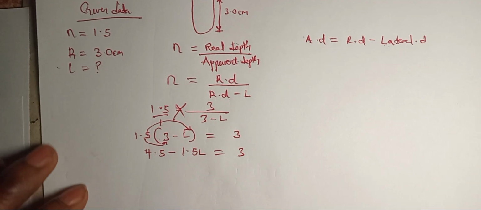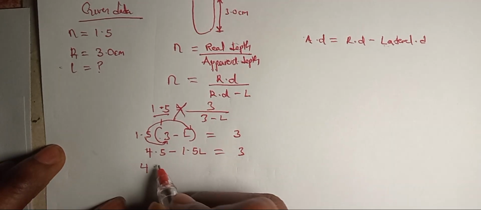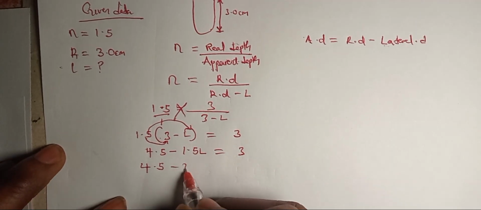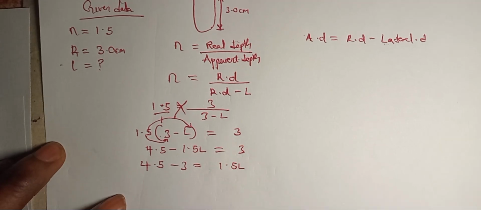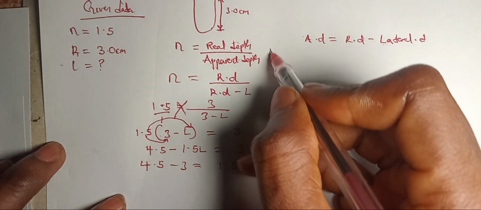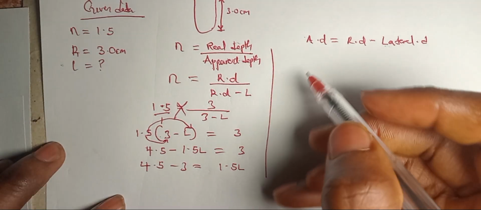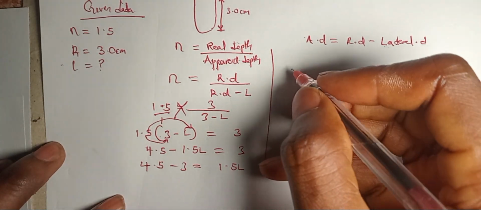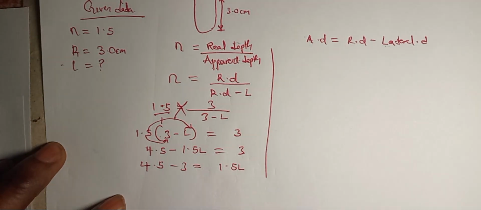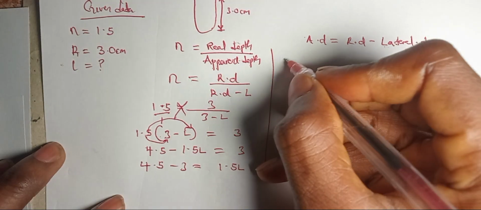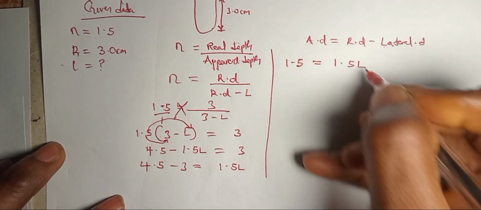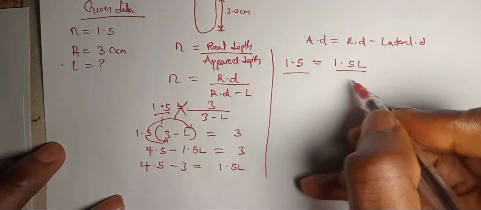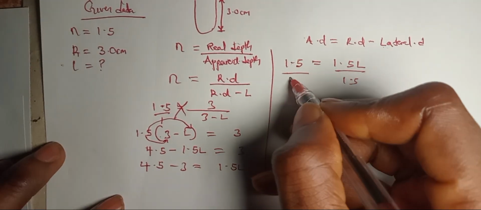Here now we are going to collect the like terms. So we are going to have 4.5 minus 3 to be equal to 1.5 L, the unknown that we are looking for. So 4.5 minus 3 is going to give us 1.5, equal to 1.5 L. So we are going to divide both sides by 1.5.